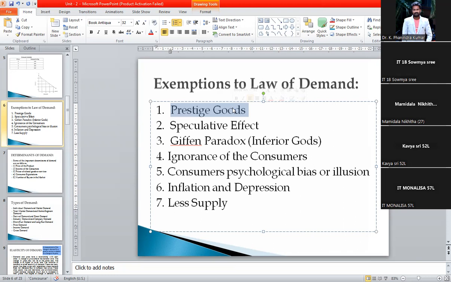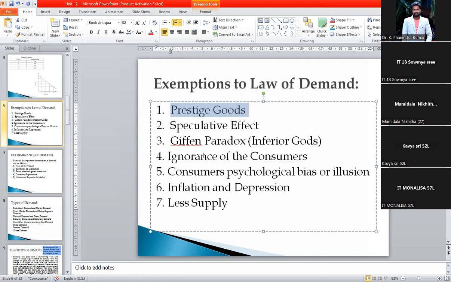For those types of lotteries as well as share trading, we cannot apply the law of demand, because if the share price increases, the demand ultimately increases. The share price increases from 10 rupees to 11 rupees today, and people will come forward to purchase the share, where the law of demand doesn't work. That's why, in places where a speculative effect is there, it doesn't work.